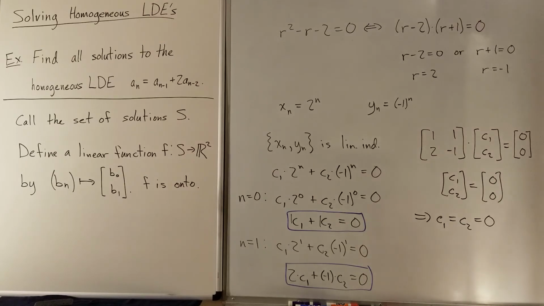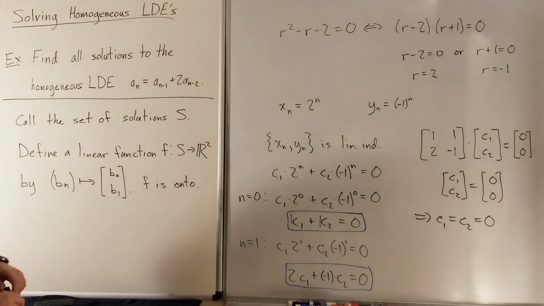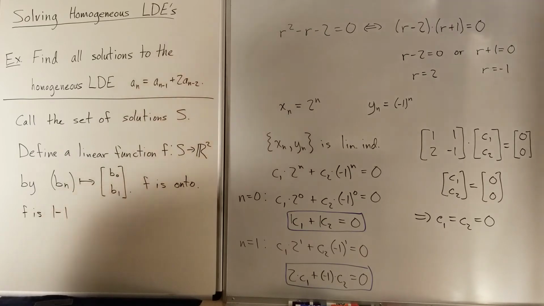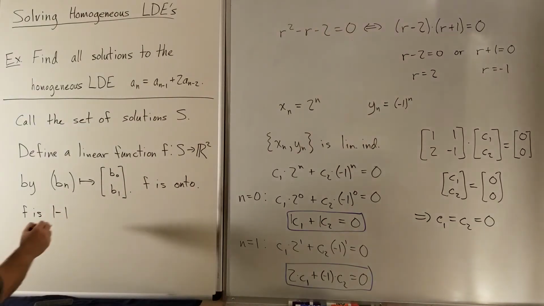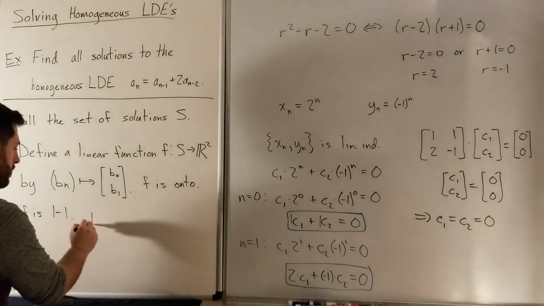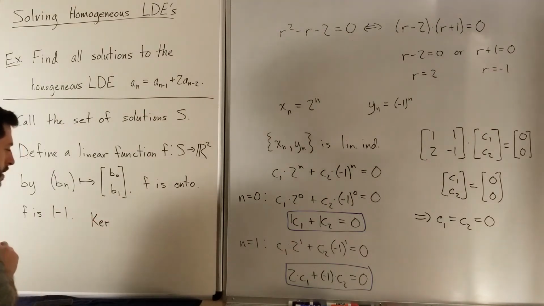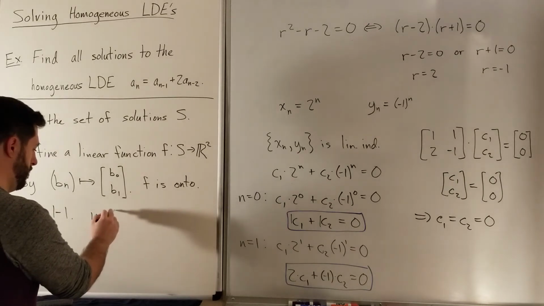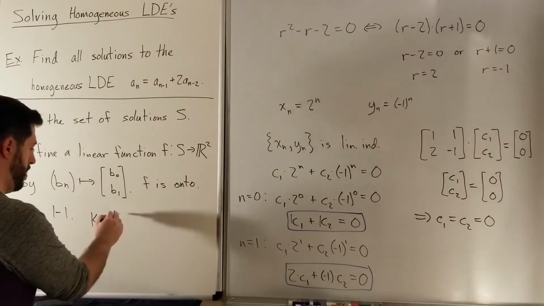Now I also want to say that f is 1-to-1. Okay, how do I know that f is 1-to-1? Well, let's just find the kernel. Something I didn't talk about in the kernel video, but f is 1-to-1 exactly when the kernel is 0, and that comes from the rank nullity theorem. So what is the kernel of f?